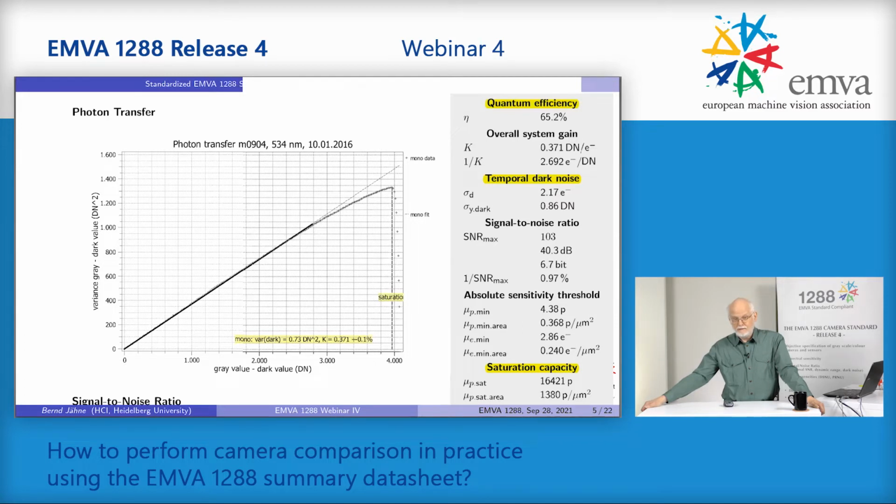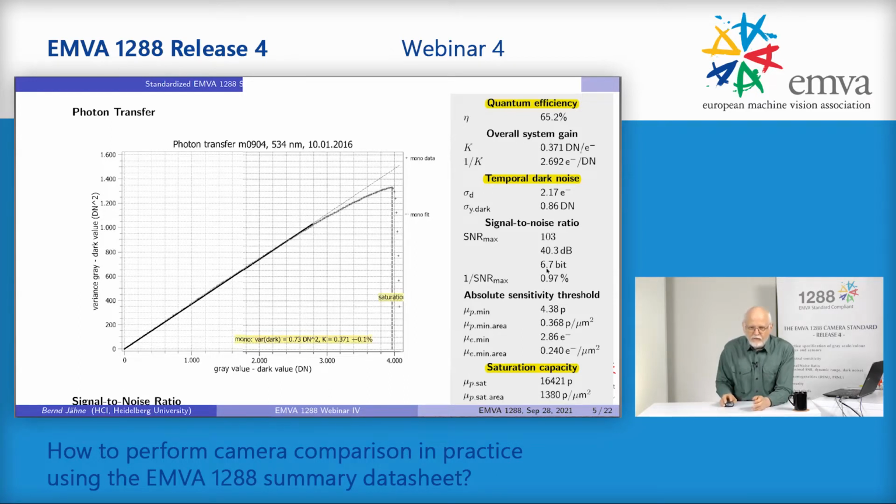And it is shown here as a maximum SNR, which for a linear camera is always close to saturation. You see the SNR is about 100, which means that the signal is 100 times larger than the standard deviation of the temporal noise, or the temporal noise is 1%, if you want to see it the other way around.